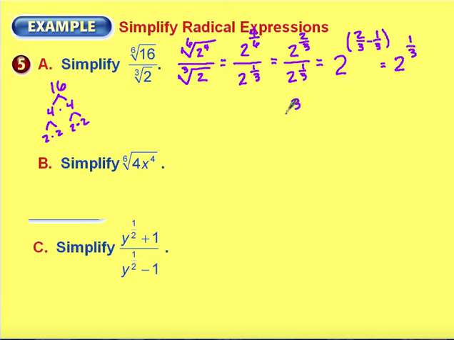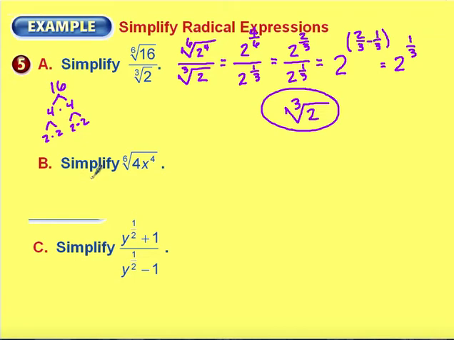And that simplifies to the cube root of 2. So we were able to simplify that and get our index as small as possible while breaking down what was inside. So you can see how that's going to make our math just a little bit easier to work.